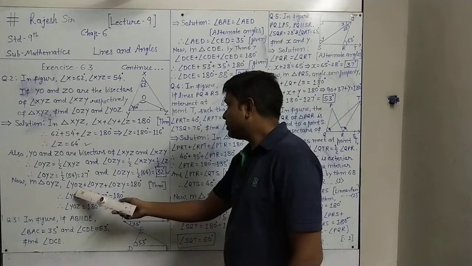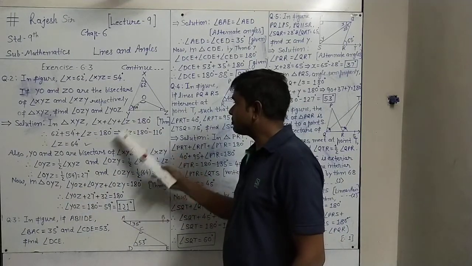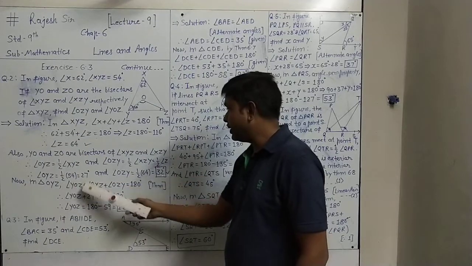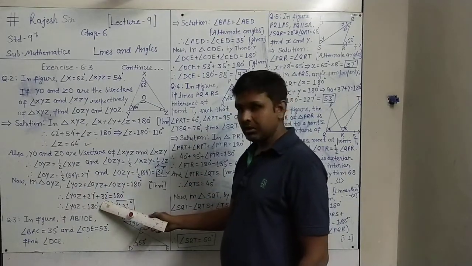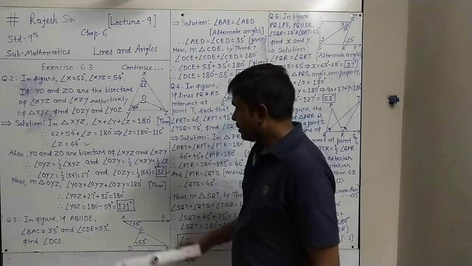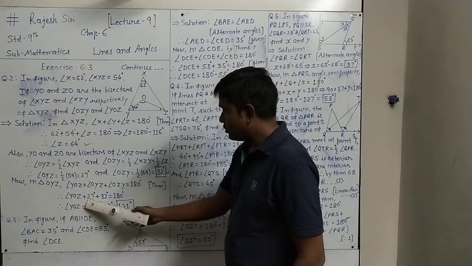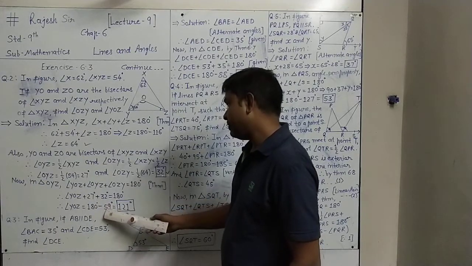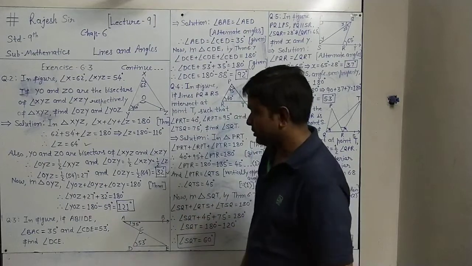Now place values. Angle YOZ plus OYZ, which is 27, plus OZY, which is 32, equals 180. So angle YOZ equals 180 minus the sum of 27 and 32, which is 59. So 180 minus 59 is 121 degrees.